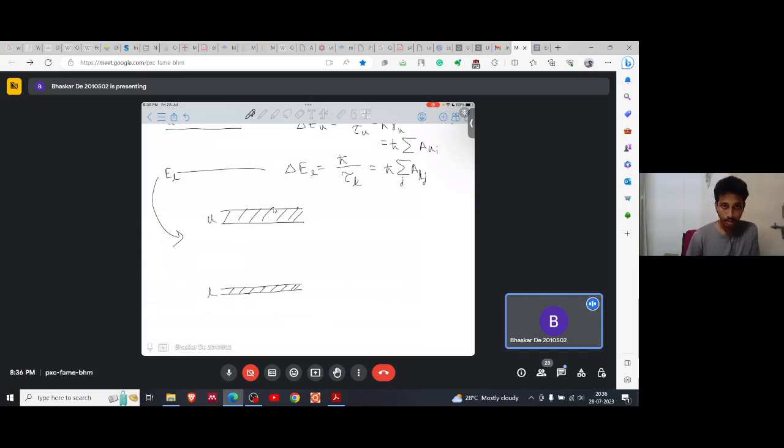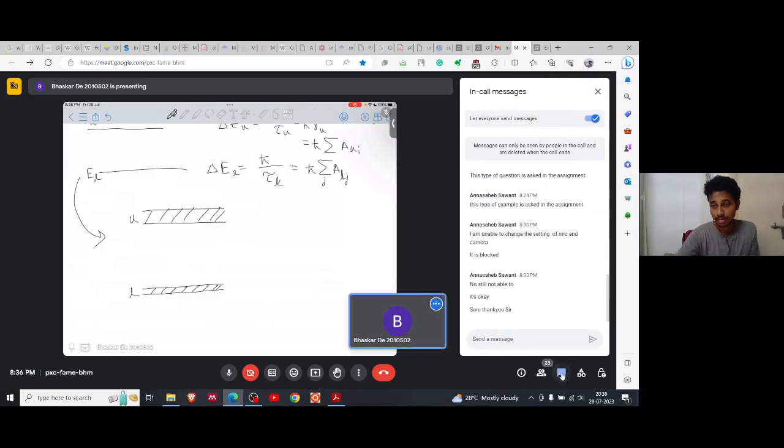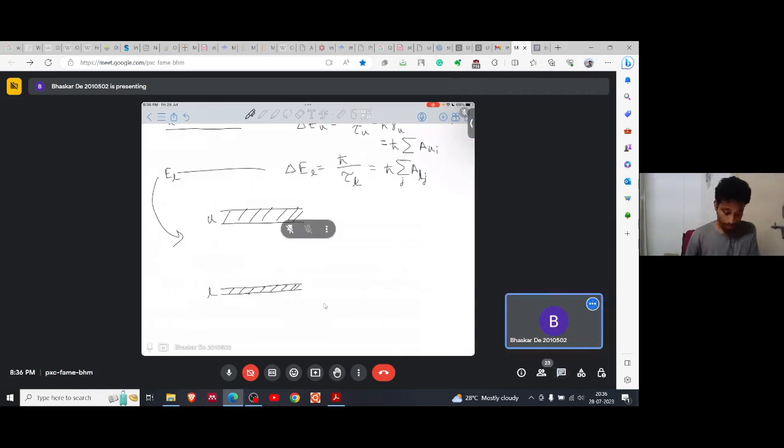These are no longer sharp levels, they are basically energy bands. This is delta EU, this is delta EL.